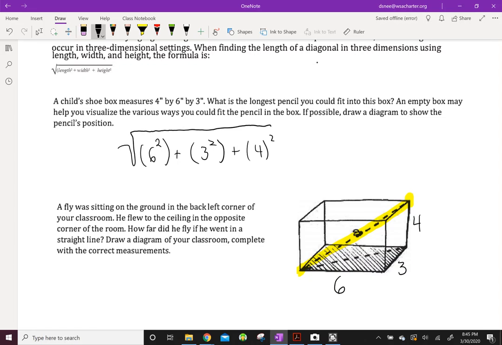That's going to give me 36 plus 9 plus 16, which is 36 plus 25, which is 61. So that's equal to the square root of 61. The square root of 61 is equal to the diagonal.